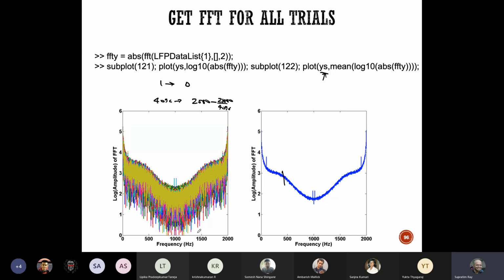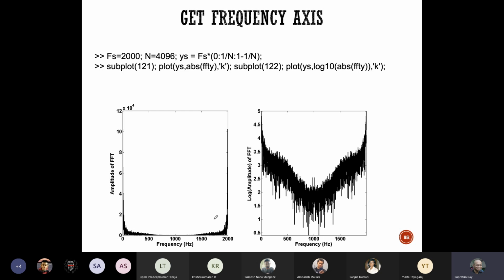So there are 4096 points, which are equally sampling 0 to 2000. YS is given by this expression.